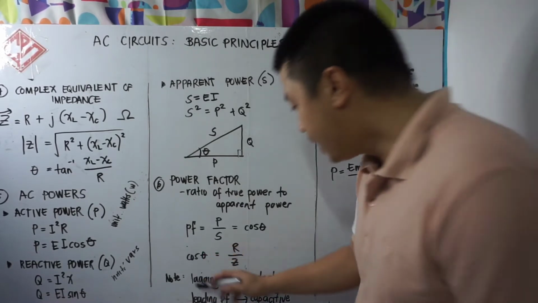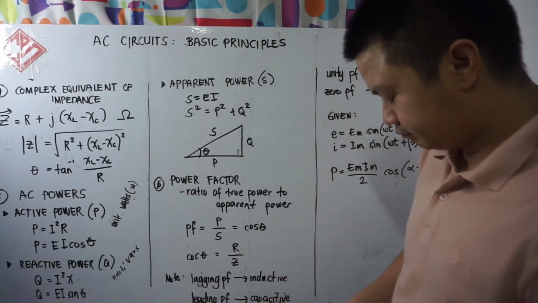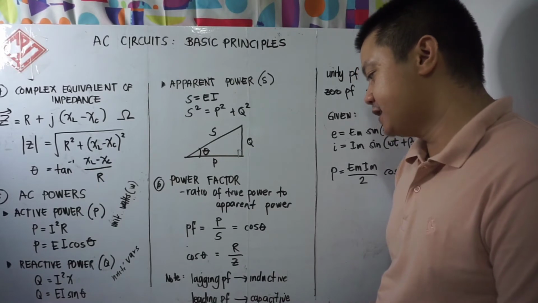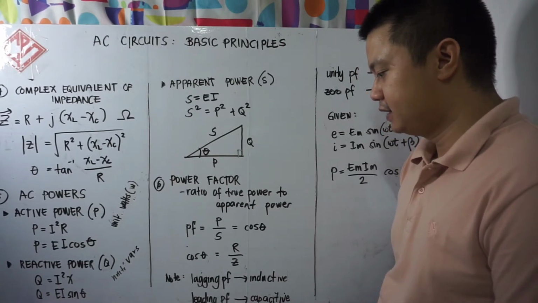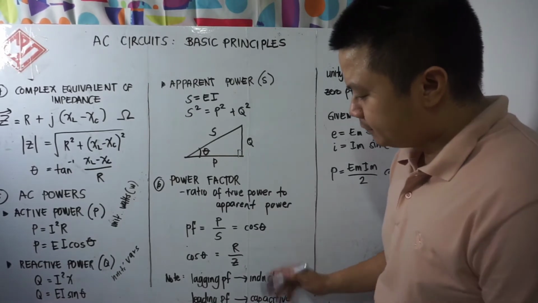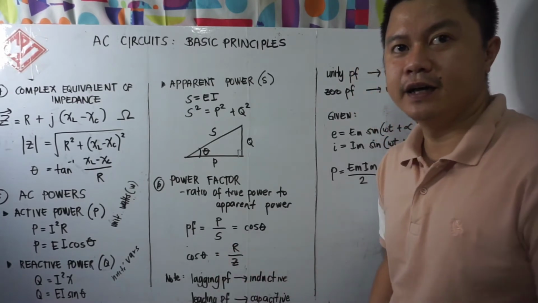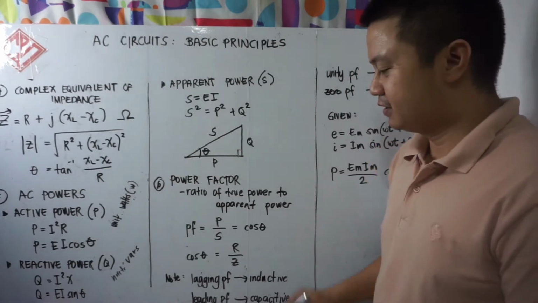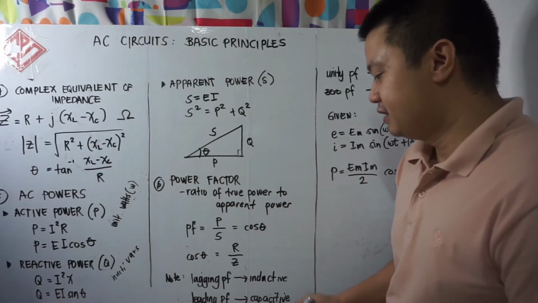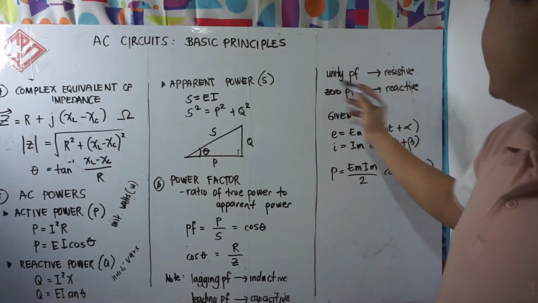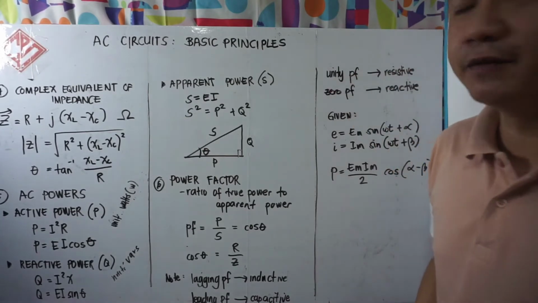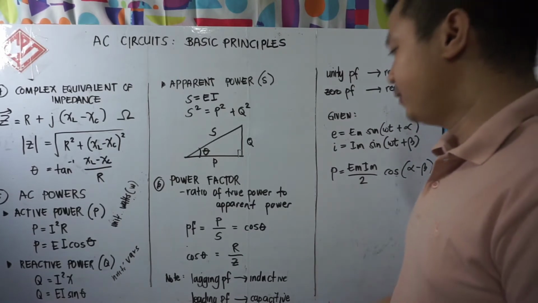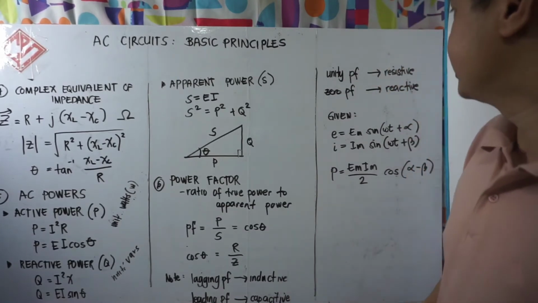For lagging power factor, that means that your voltage is leading the current, or the current is lagging the voltage for that specific circuit. For unity power factor, that is for resistive load. This means that the voltage and the current are in phase.